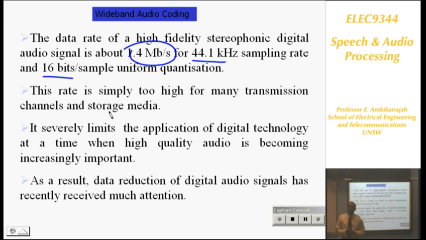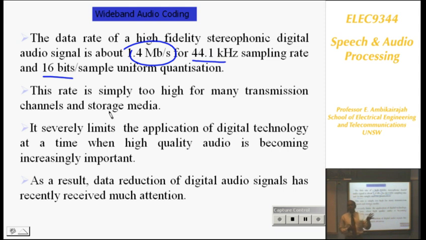So we want to find a way of reducing the data. Compression means decreasing the amount of data, but without losing the perceptual quality. Similar to pitch coding, remember? We went from 64 kilobits to 32 to 16 to 8 to 4 kilobits per second. The quality is still the same. So there's a lot of redundancy in the signal. We want to remove them.